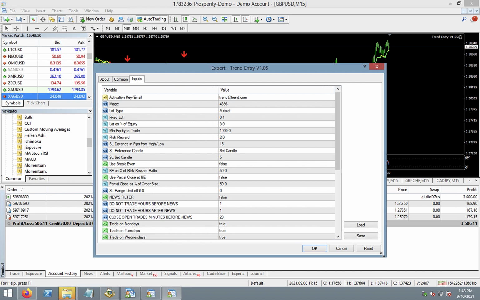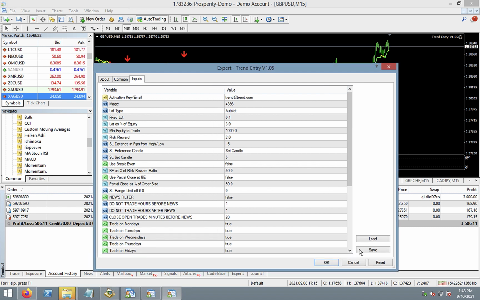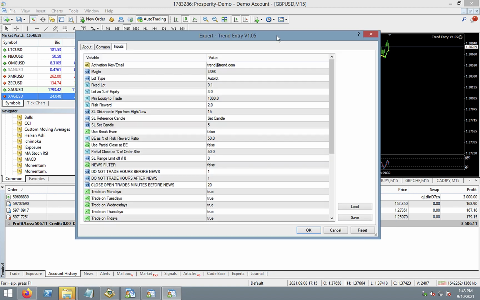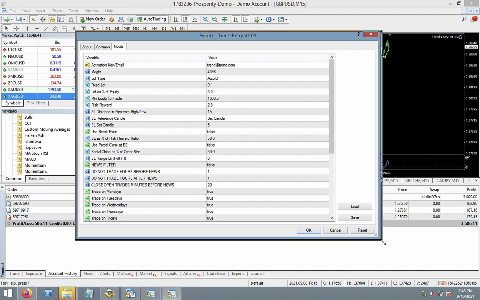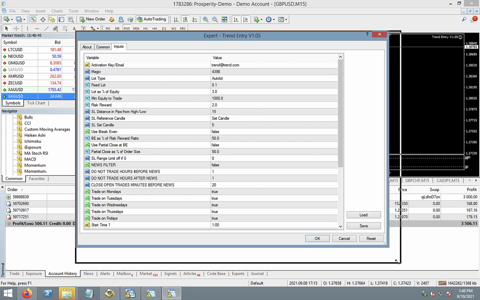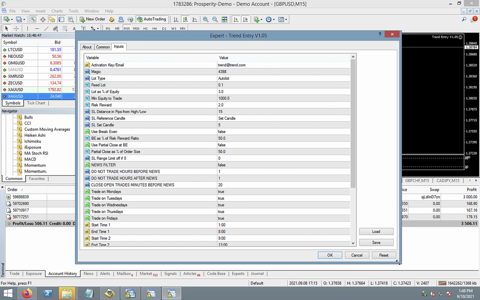Let's look at the settings. This is all the settings.